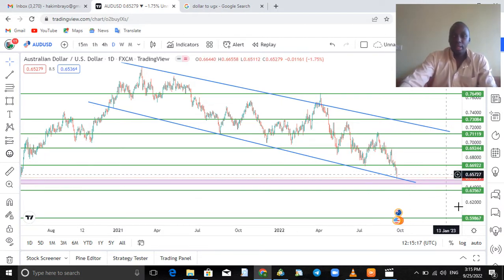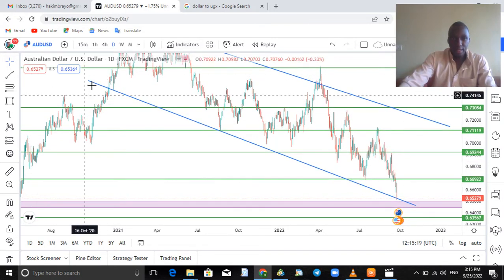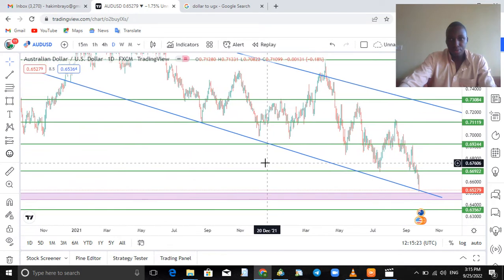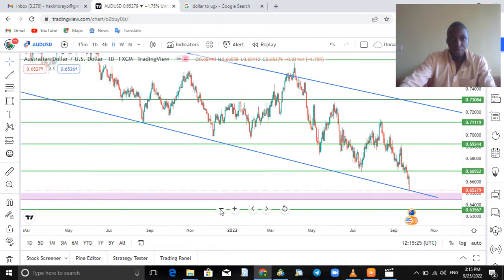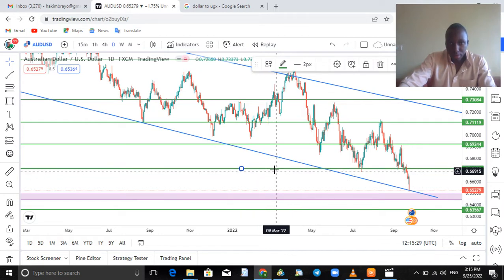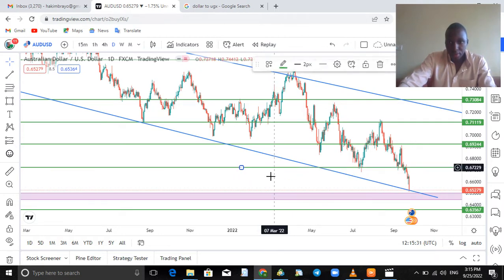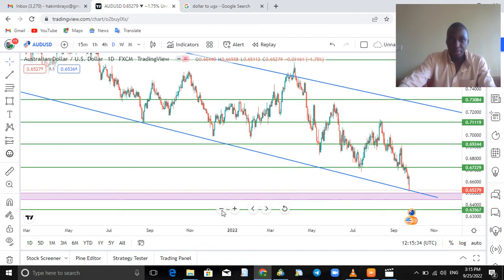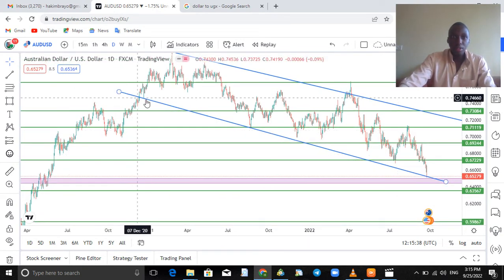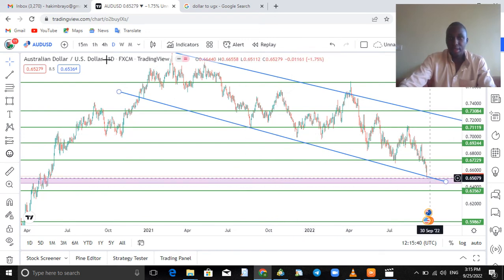Now you can clearly see that we have our first touch here. I'm trying to zoom out. So this is our first touch, second touch, third touch.